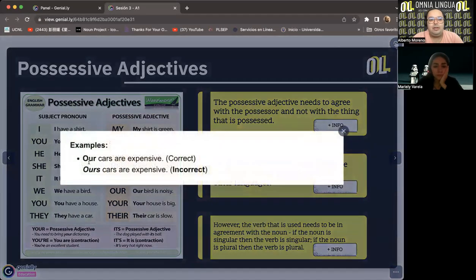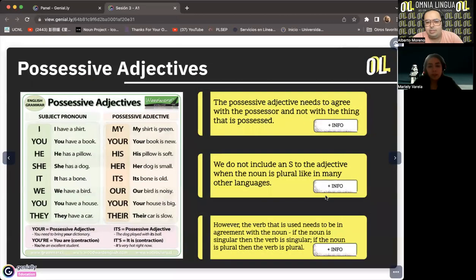For example, we use our cars are expensive. You can see cars is in plural, but our stays the same. If we said ours cars are expensive, that's incorrect. So do not add an s, just the word as it is.